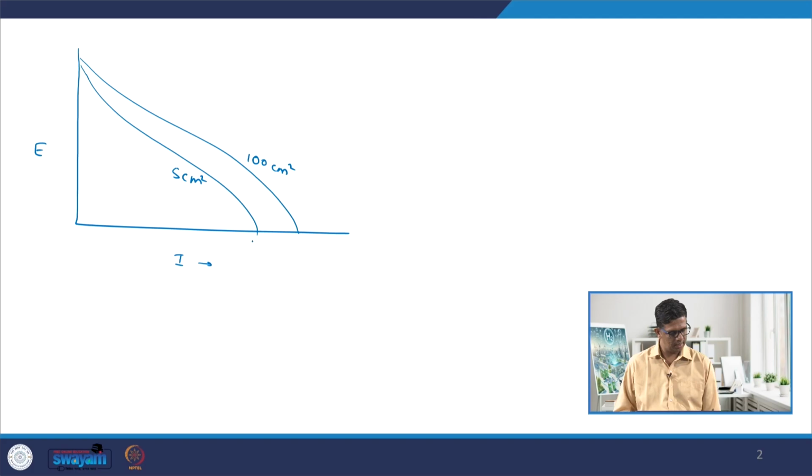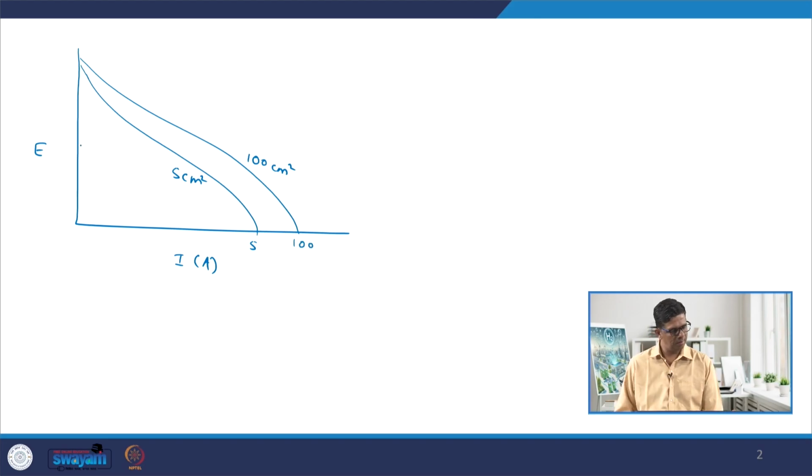And hopefully let's say this is giving maximum performance in terms of current as 5 amperes. This current is in amperes, and this is, let's say, giving 100 amperes of current.